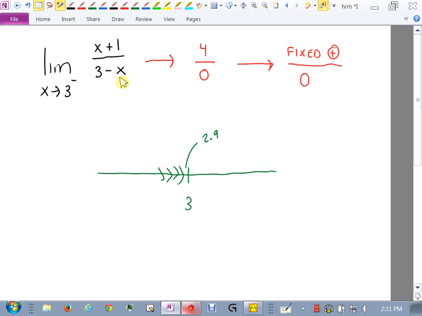A positive number, right? That's the key. It's positive. And if I get even closer, 2.99, 3 minus 2.99 is still a positive number. They're getting smaller, getting closer to 0, but they're positive. So I can conclude here that coming in from the left, I get positive numbers.